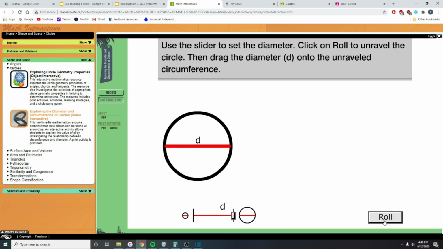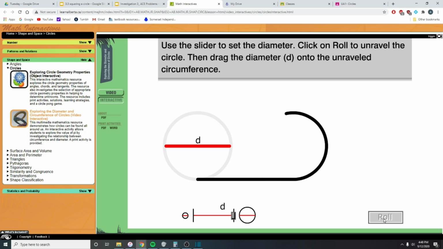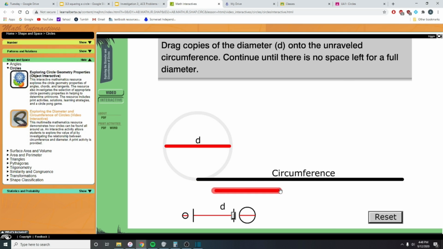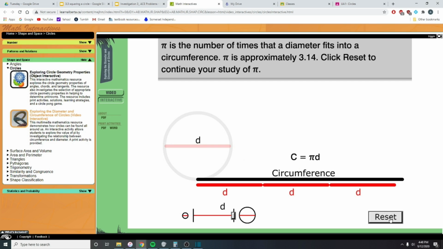If you take the circumference and roll it out, you can stack the diameter approximately 3 times to fill the circumference. Now notice that it's not completely 3, right? There's a little bit more, but it gets pretty close.